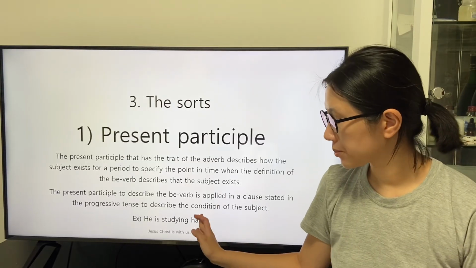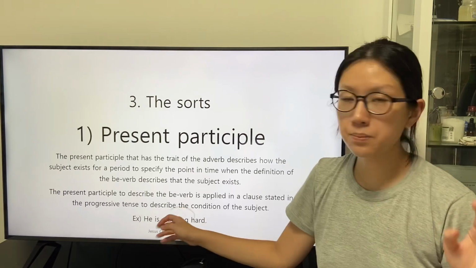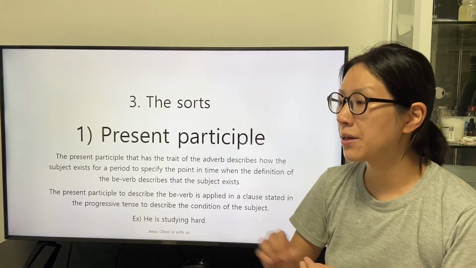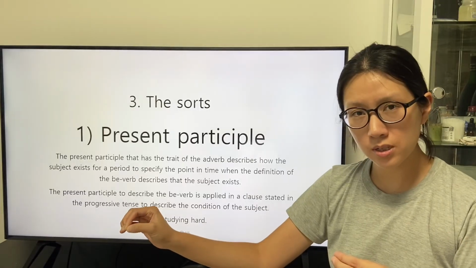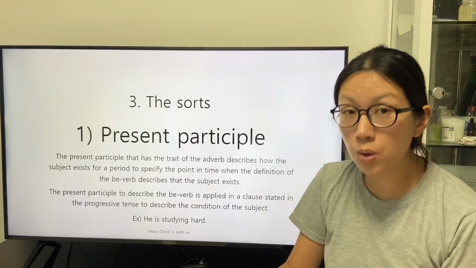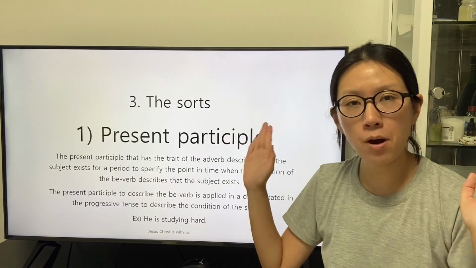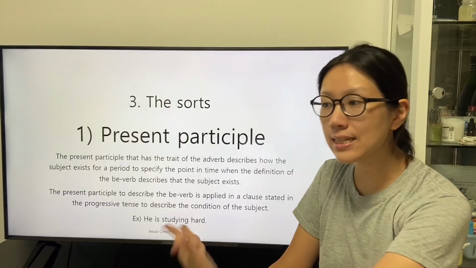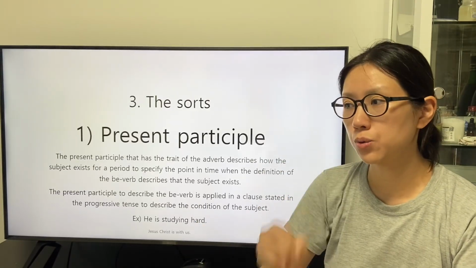And the present participle studying can be replaced by the other descriptive words in two clauses. So the present participle applied in the progressive tense is classified into an adverb.